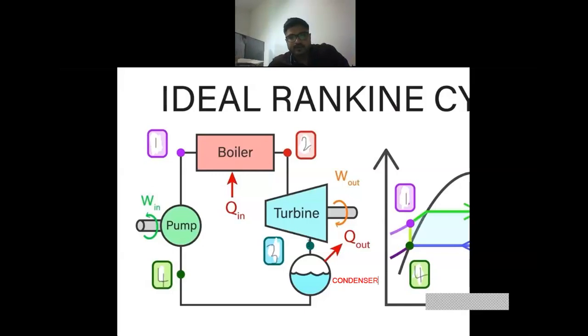Whenever we supply steam at point number 3, we have to remove heat from that steam. Then and only then can we convert that steam into water. Clear? If we want to convert that steam into water, what do we have to do? We have to remove the heat. So in the condenser we are trying to remove the heat, so it will become liquid again.